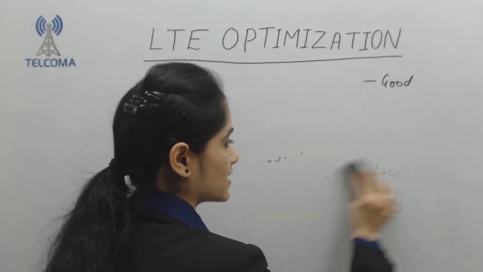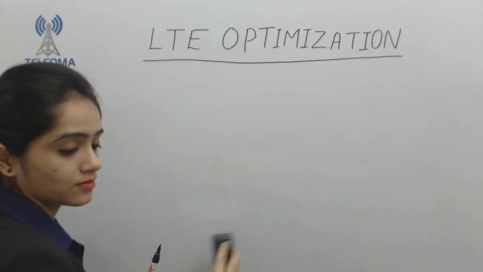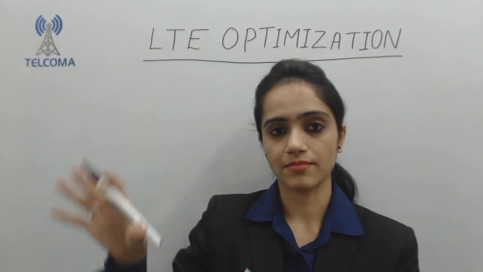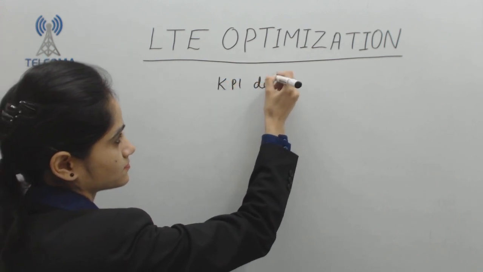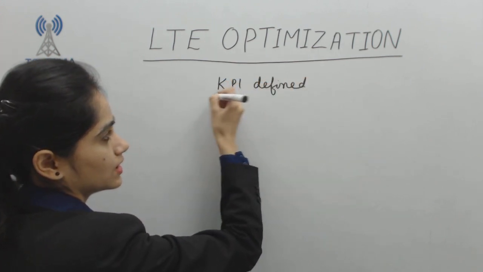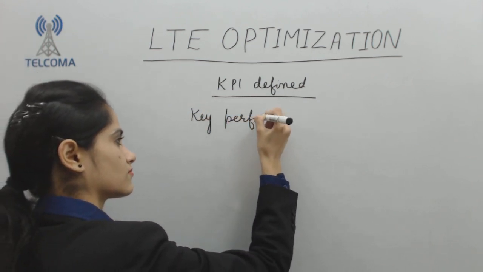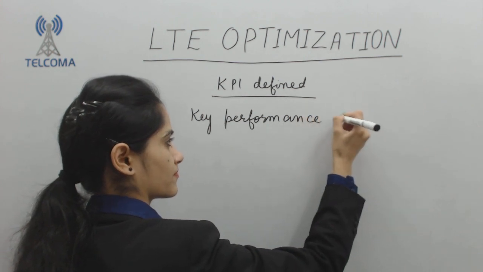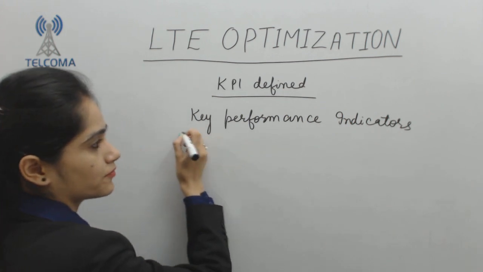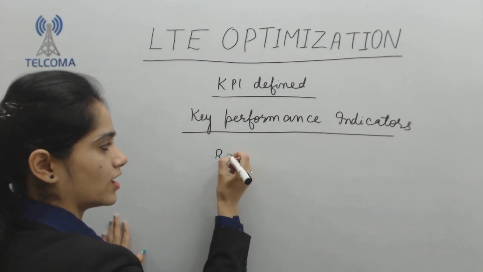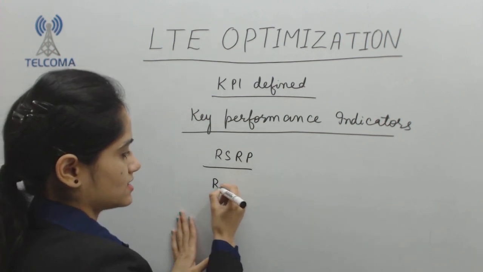As we have a number of parameters in our network, like one I have told you, RSRQ. Each and every radio parameter has KPIs defined. Now KPIs are key performance indicators, of each and every parameter, like one is RSRP and another one is RSRQ.